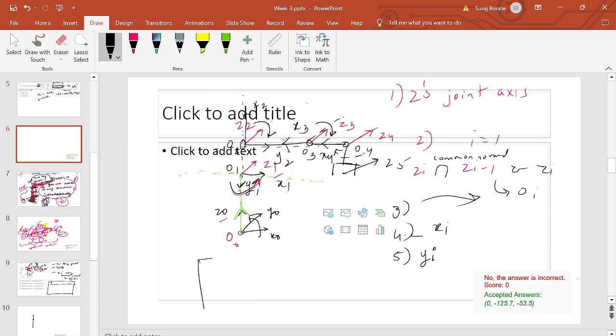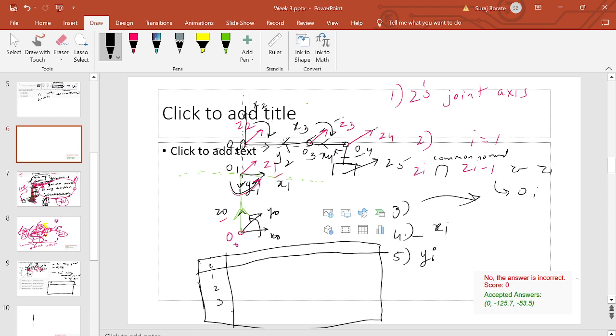So we have to fill in the DH table. This is i, 1, 2, 3, 4. We have theta, we have alpha, we have d, and we have a.